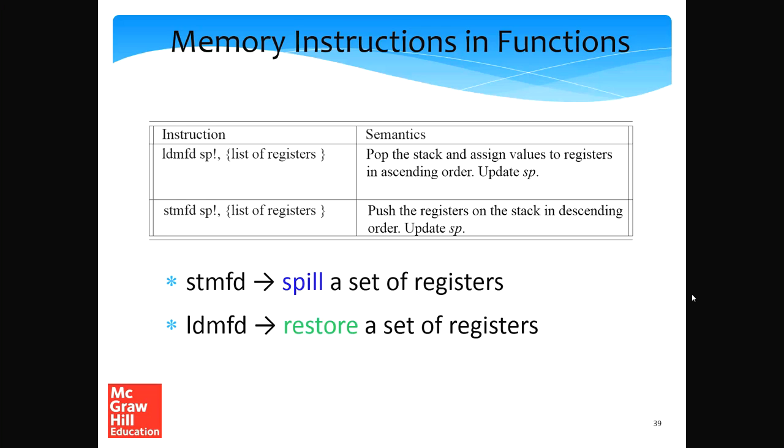In both schemes, we spill a set of registers, which means saving them on the stack, and once we return from the function, we restore the set of registers. We typically require several instructions to spill and restore them. So ARM has made this job easy.